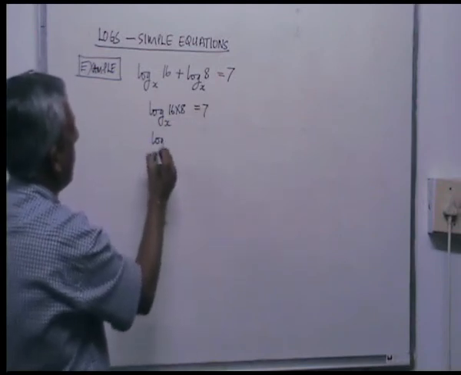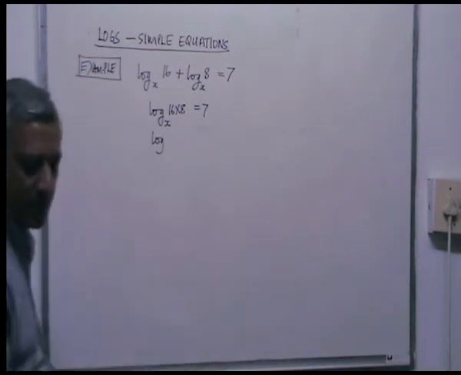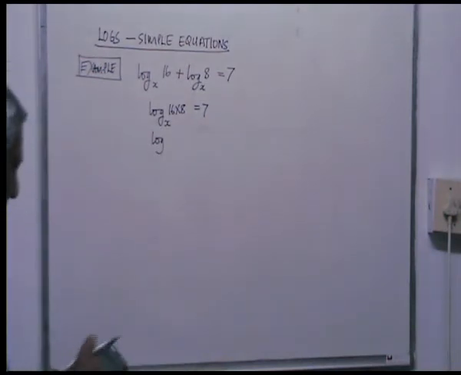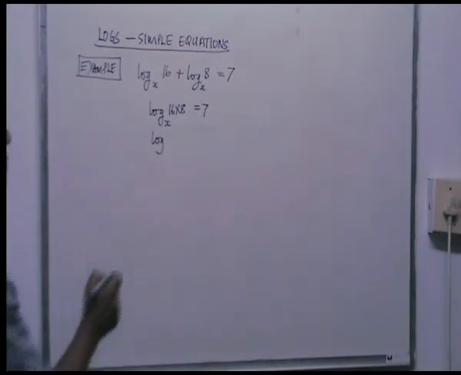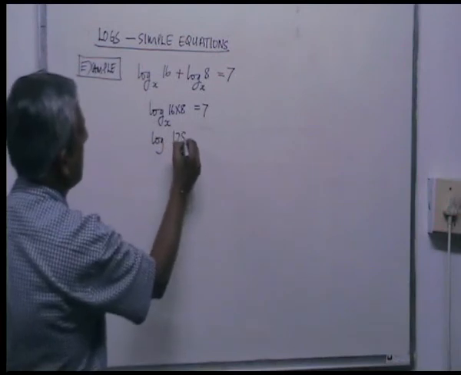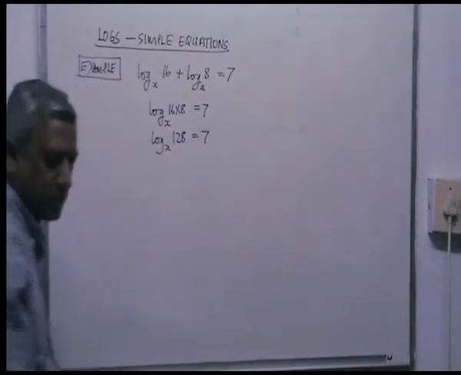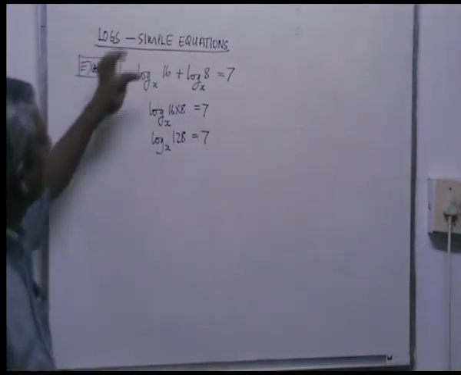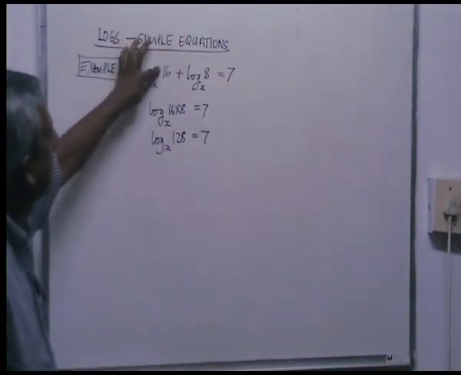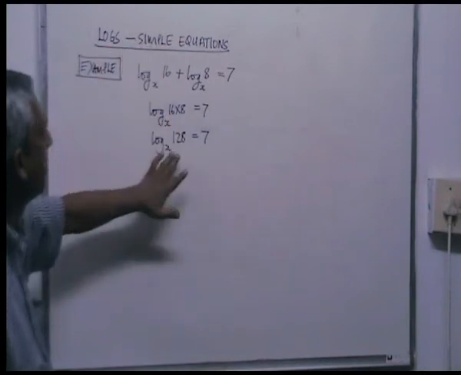Take your calculator and multiply 16 by 8, and 16 times 8 is equal to 128. So log of 128 to the base x is equal to 7. So far you've used the product law.